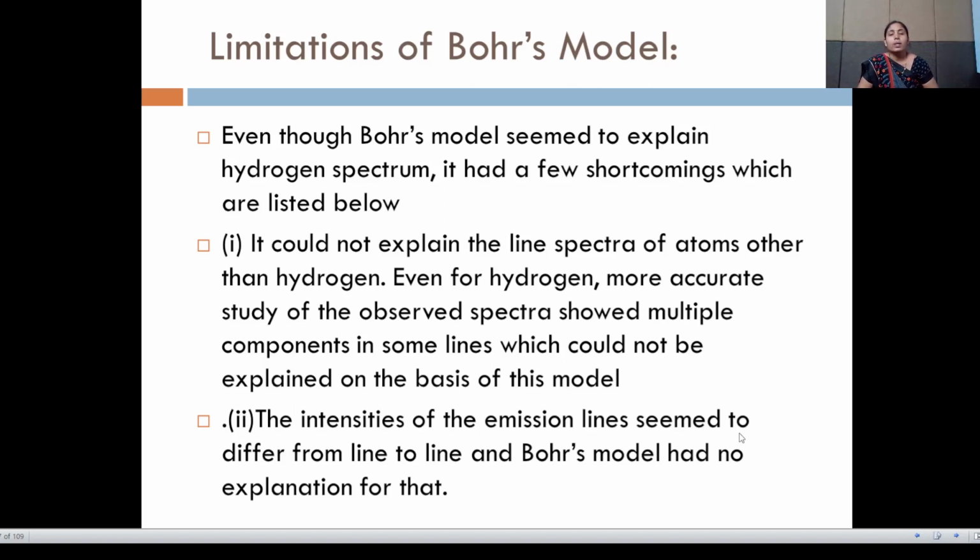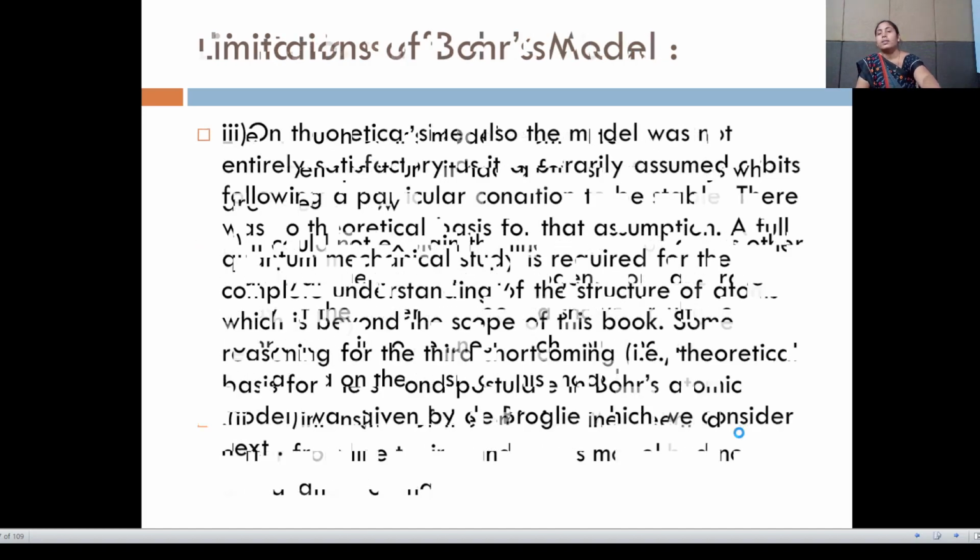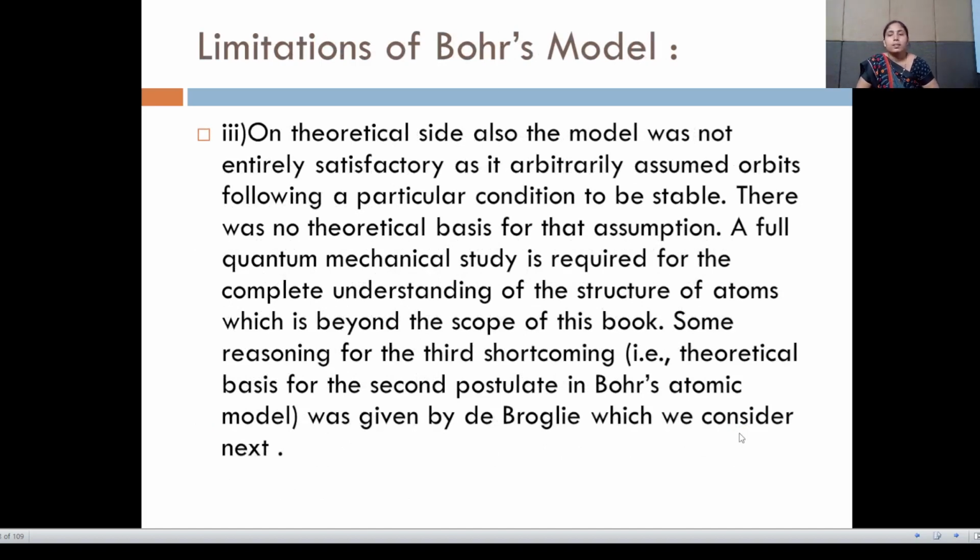The intensity of the emission lines seems to differ from line to line, and Bohr's model had no explanation for that. Third, on the theoretical side also the model was not entirely satisfactory, as it arbitrarily assumed orbits following a particular condition to be stable.